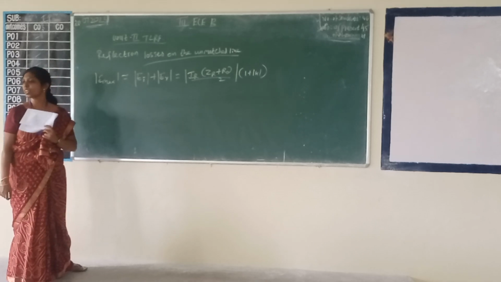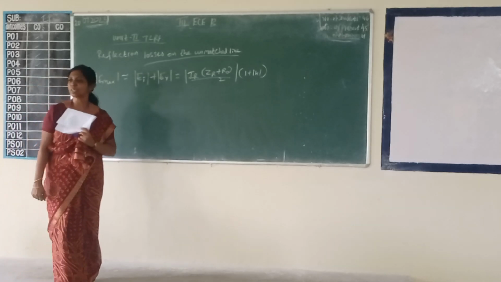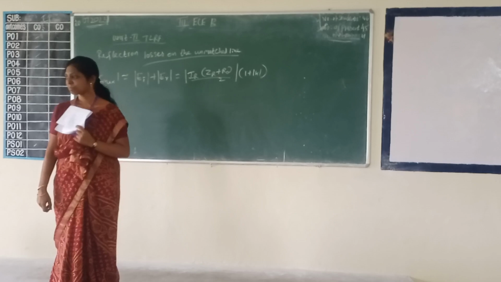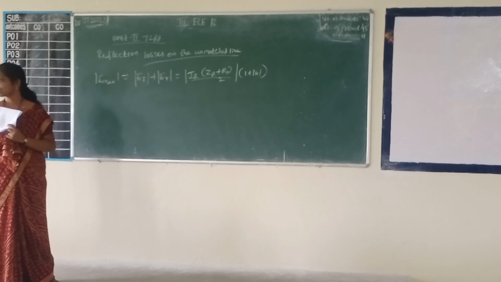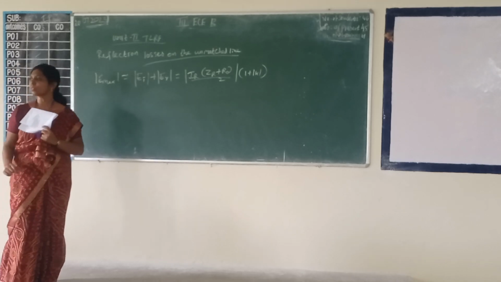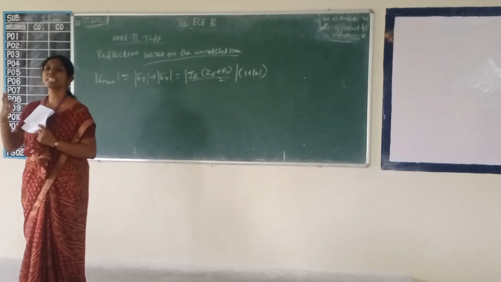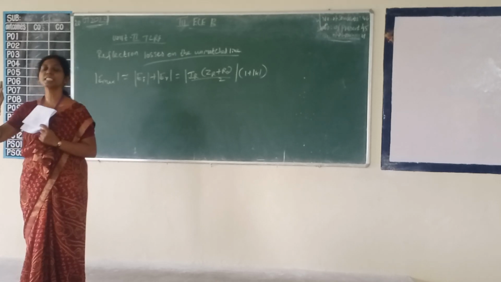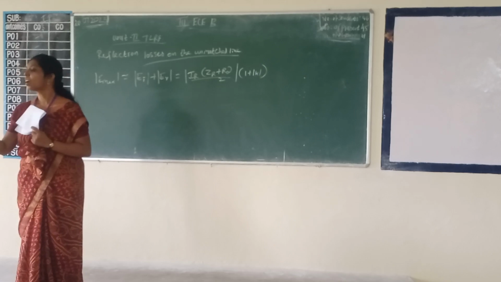In the second unit onwards, you can use either Z naught or R naught. Since it is resistive, Z naught is equal to R naught.